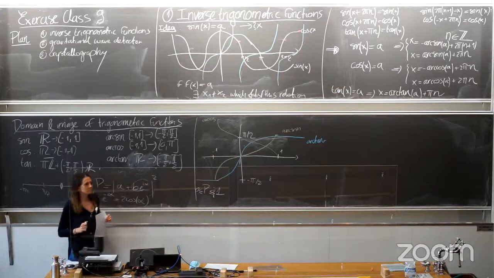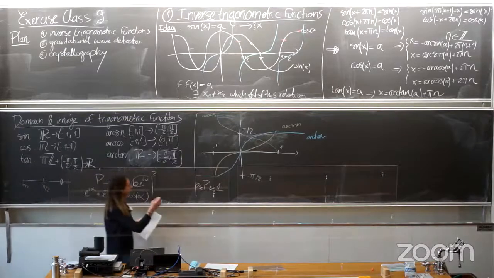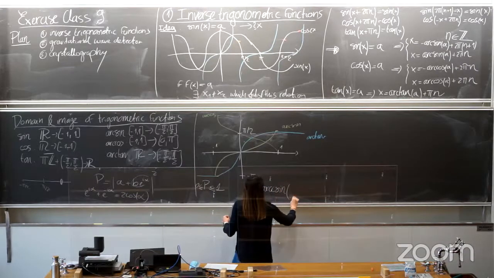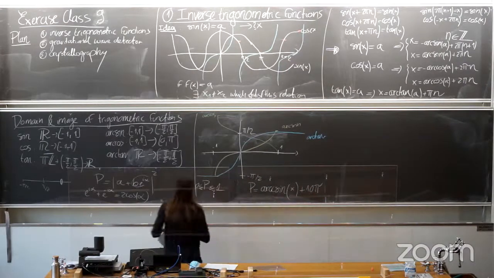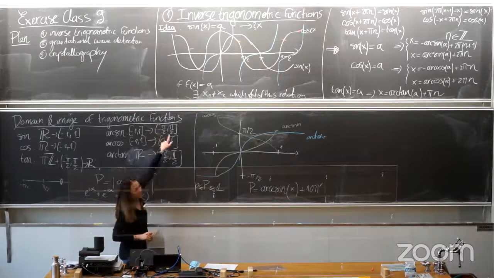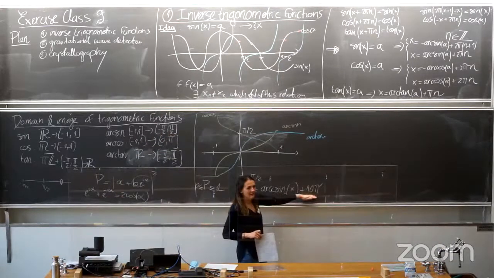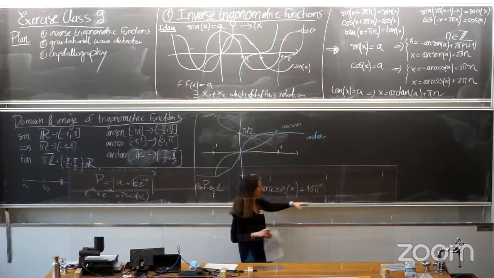So this means that if you have an arcsine, for example, arcsine of x plus 10π, you know that this is between -π/2 and π/2, plus 10π, it's surely greater than 1.